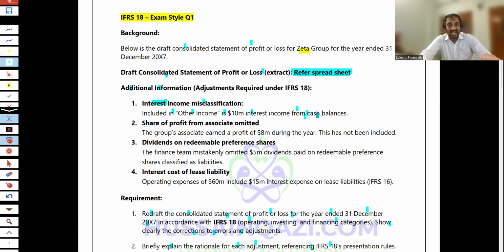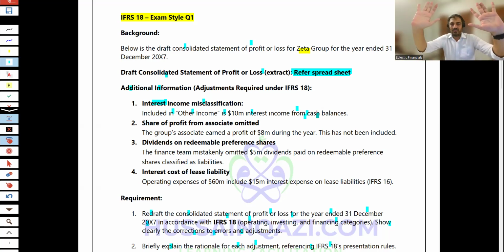So they have used the wrong category, wrongly used the label, and also the 10 million is wrongly incorporated with the line item of operating activity. This should be part of investing activity.